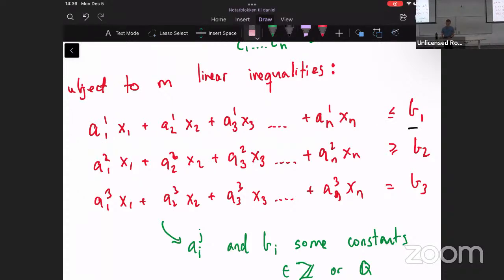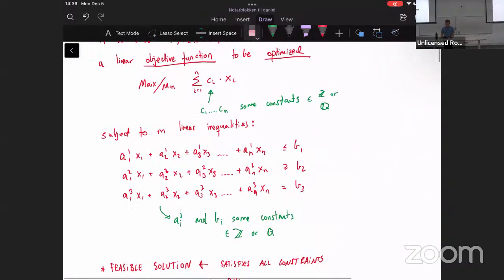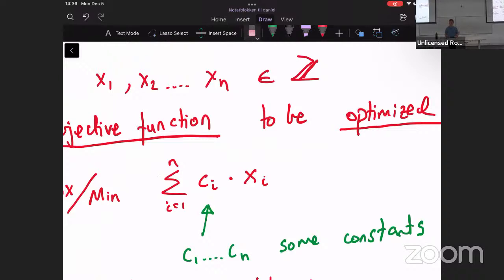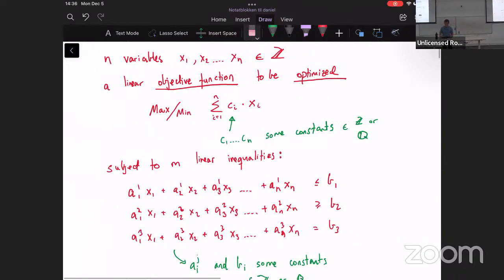So integer linear programming is about this: I tell you the number of variables. I tell you a linear function to optimize. A linear function is just a function of the form the sum over all i from 1 to n of ci times xi, where the ci's are constants that have been given, and subject to linear constraints.